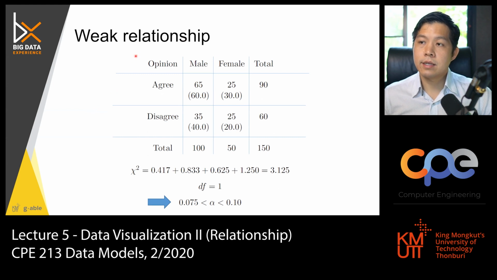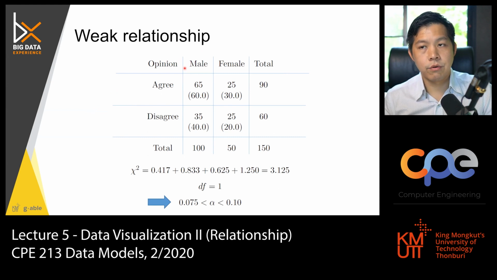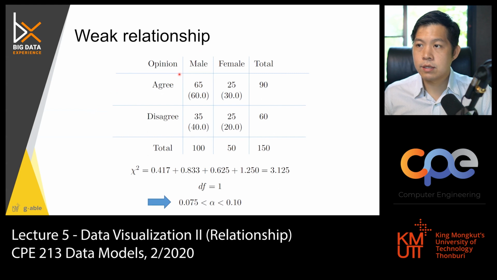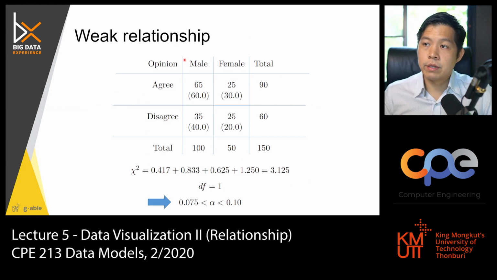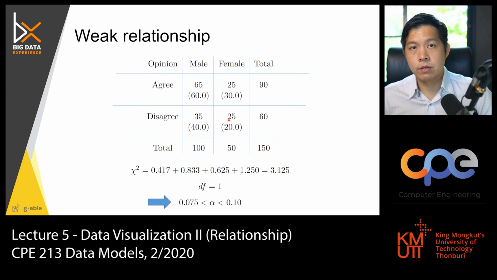This is the result of a survey where you ask whether a person agrees or disagrees with a question, and you also ask about the gender of the participant in the interview, whether he or she is male or female. Then you can summarize it into a cross tabulation like this, so that you have 65, 25, 35, and 25.